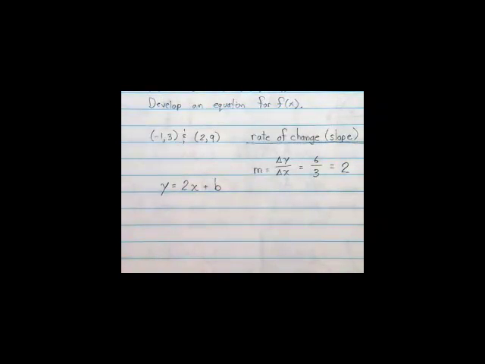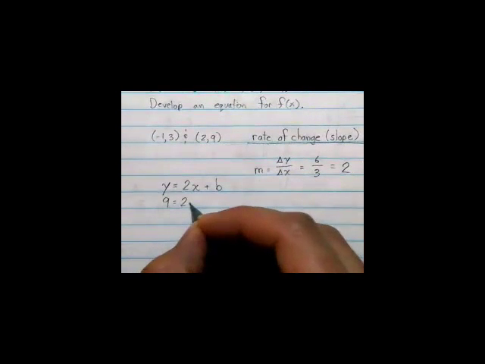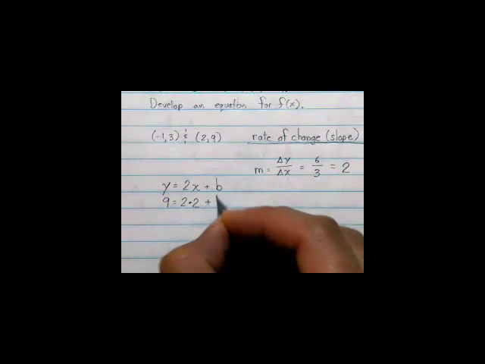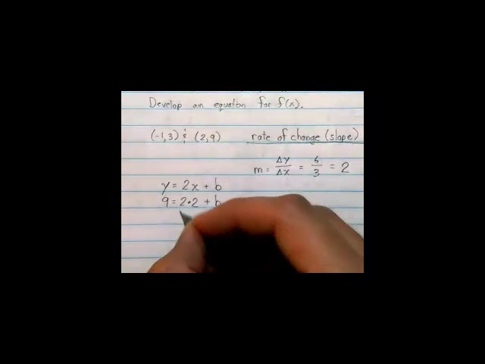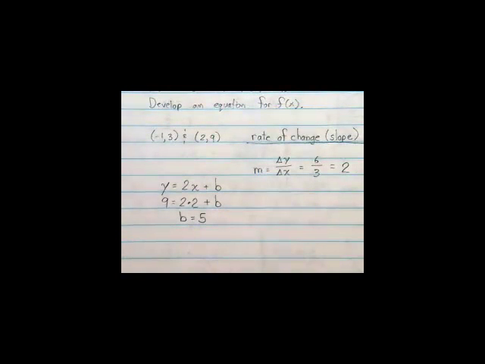You got it. Take one of those 2 points, plug them in for x and y, solve the equation for b, then you got it. So whichever one is your favorite, doesn't matter. I'm going to take the second one because I don't like negatives. So 9 equals 2 times 2 plus b. So it would appear as though b would need to be 5 to make that work.